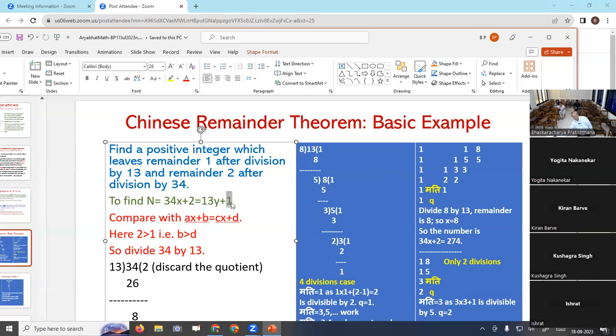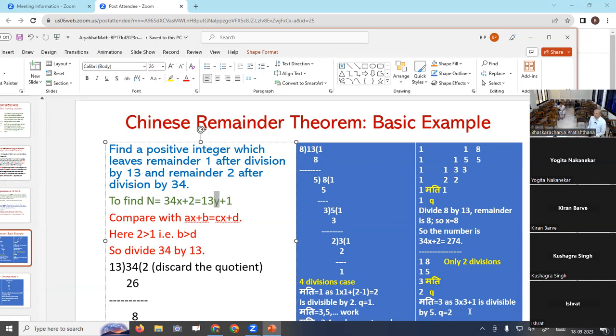And you are able to solve this equation, 3z times something plus 1 is divisible by this 5. So this 13 now is replaced by 5 and y is found out as q. You are able to solve this simpler equation, and you are finding the value of y actually, which we are calling q.